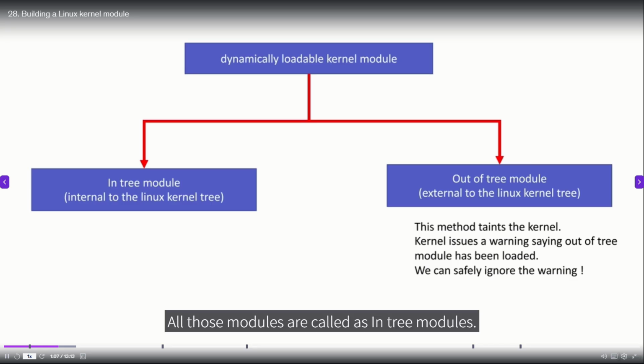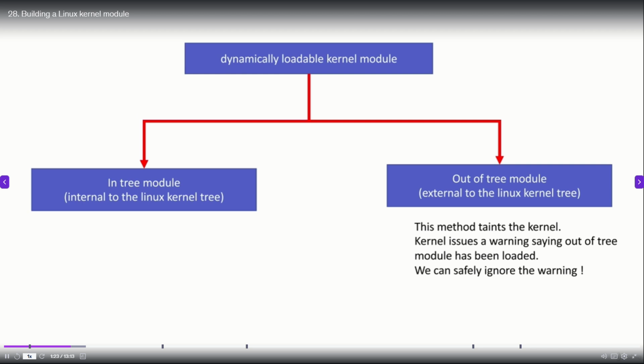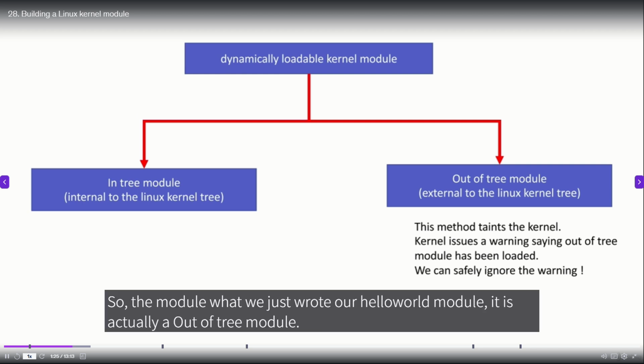All those modules are called in-tree modules. That means they are internal to the Linux kernel tree. Another type of dynamically loadable kernel module is out of tree, that is external to the Linux kernel tree. So the module we just wrote, our hello world module, is actually an out-of-tree module.